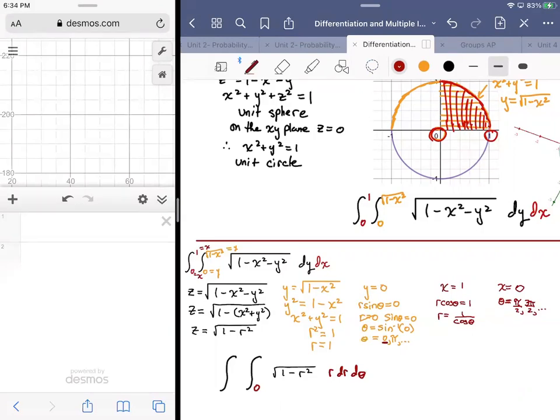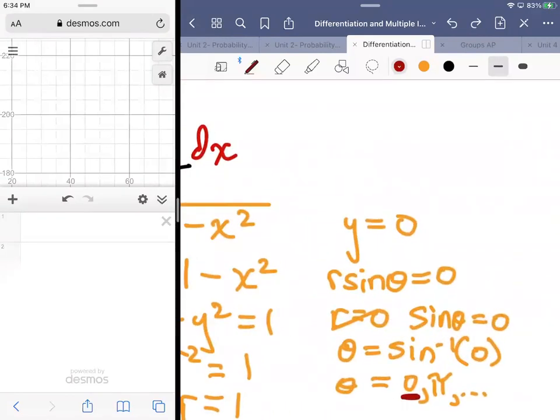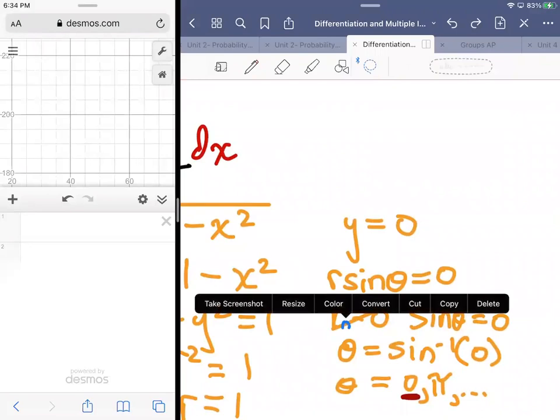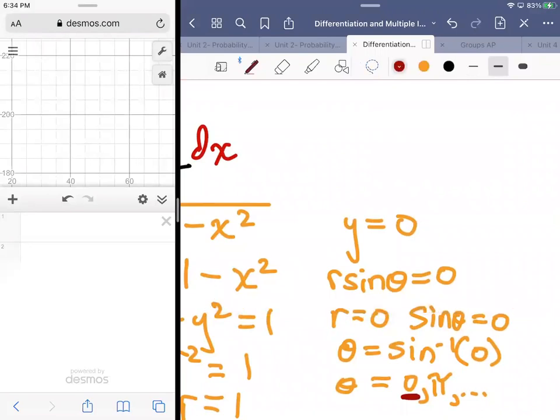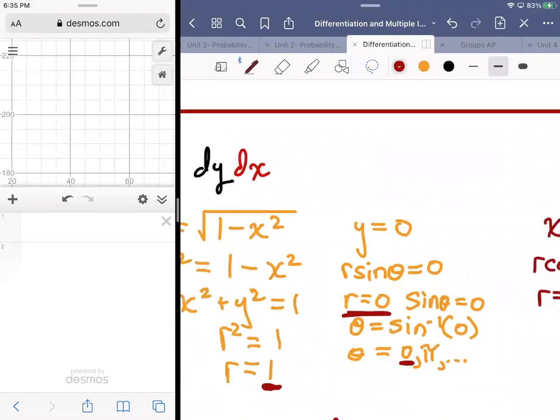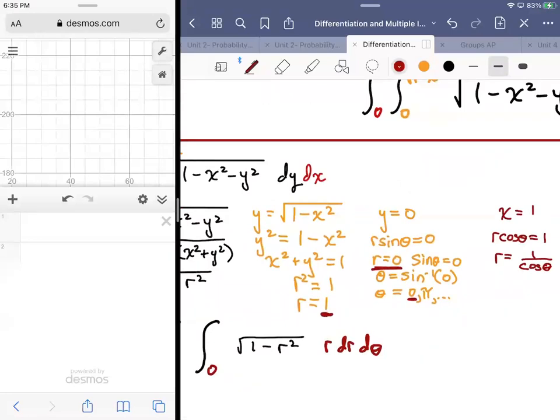So the innermost part would be the 0, and the outermost part would be 1. Sorry, I underlined the wrong 0. It's this 0, r equals 0. The 0 to 1.